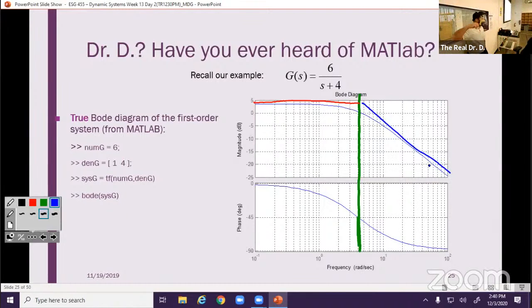It is very nice to be able to draw these from looking at a single transfer function. It's nice to understand what you should be getting out, because when you actually get one out of MATLAB and you know you have a first order system, you should know that it should look something like this, right? Second order systems, we'll talk about that next week. There's a little bit more to it, but the same general principles, right? Okay. Any questions on this?